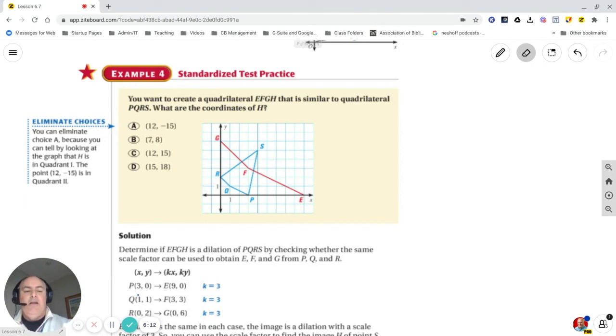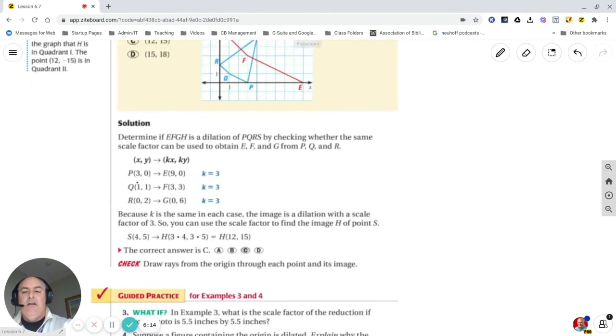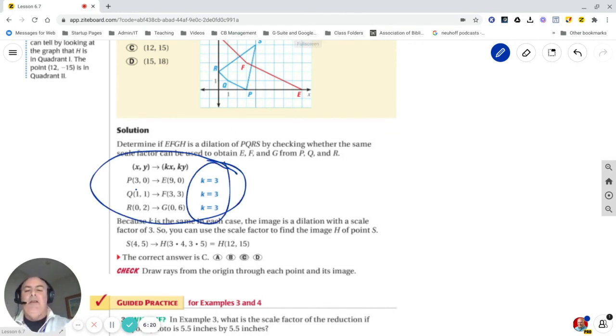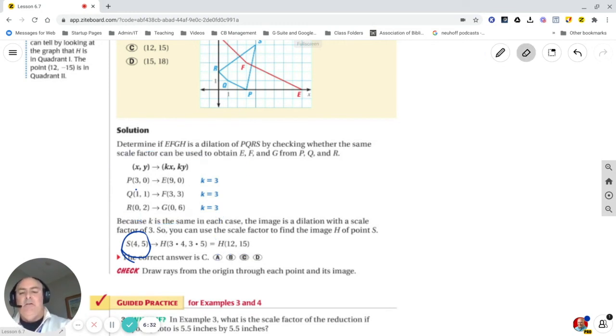But I evaluate each change, and I found that my scale factor here is going to be 3. If my scale factor is 3, I take my value of S, multiply by 3, and now I know where that last point would be at (12, 15) in order to finish my dilation.